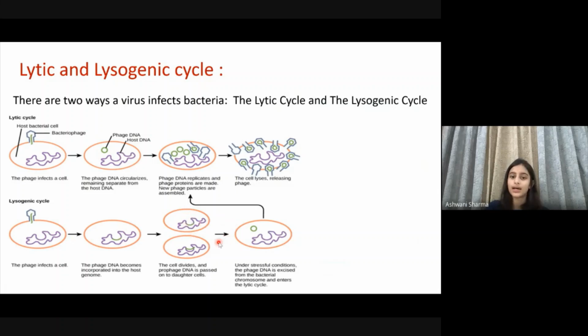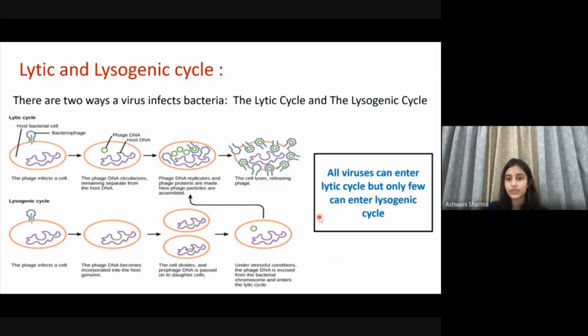At any time at all, this phage DNA can suddenly come out of the bacteria's DNA, and it again enters the lytic cycle and starts making more bacteriophages and bursts. So here, the bacteriophage's DNA can come out in all of the bacteria and it can kill all of the bacteria in a small amount of time.